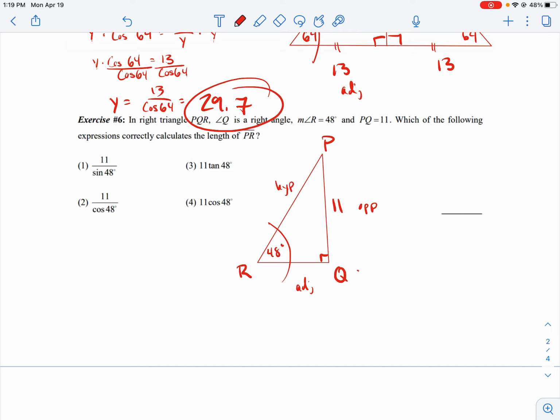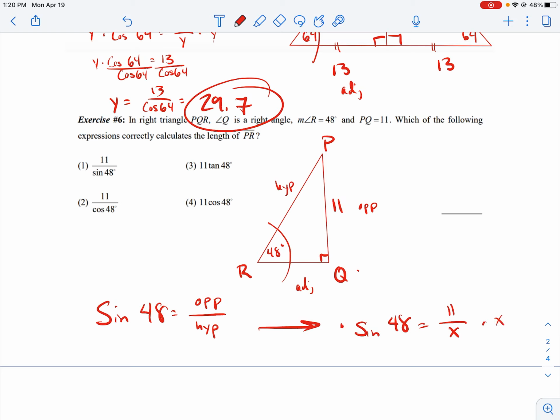Let's see. We're going to have to go cosine of 48 is equal to our, ooh, we don't want to use cosine because we don't know what our adjacent is. How about sine? We haven't used that one in a while. Sine of 48 is equal to the opposite over the hypotenuse, so sine of 48 is equal to 11 over x.